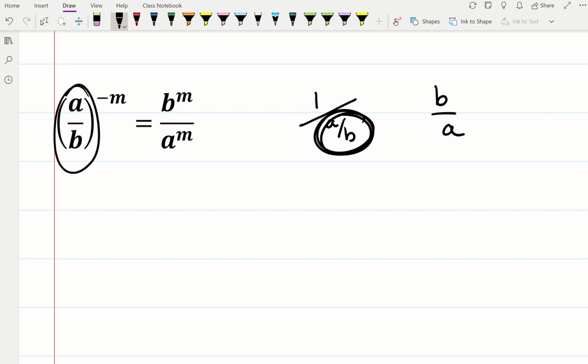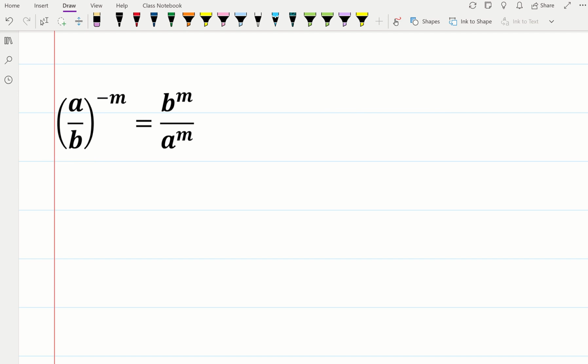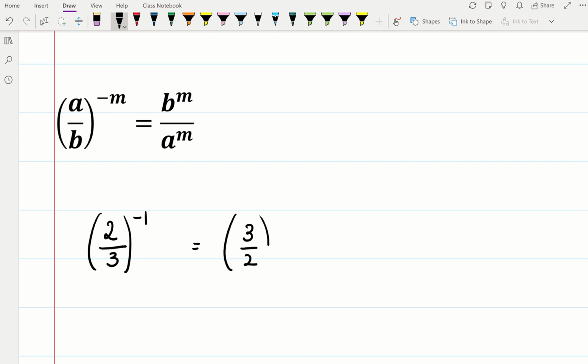So the fraction turns upside down, and the positive power, just the m, is applied to both. So I'm going to put 2/3 to the power of -1 to start with. Well, that's going to give me 3 over 2, all to the power of 1, which is really just 3 over 2.